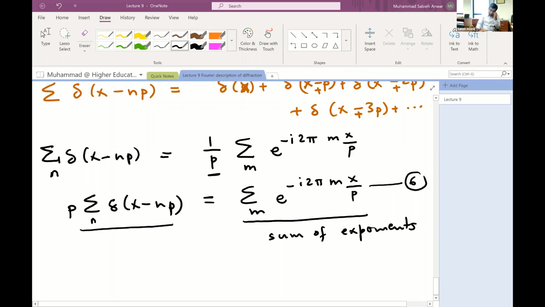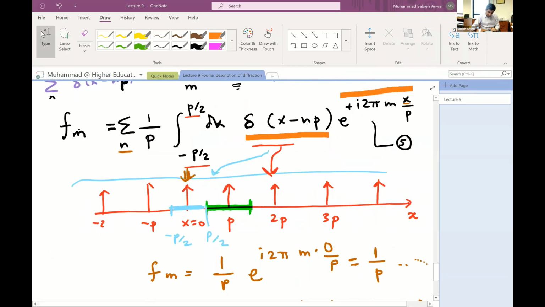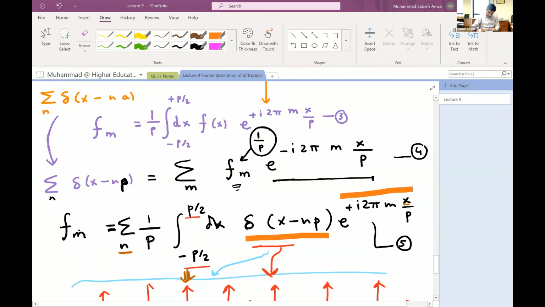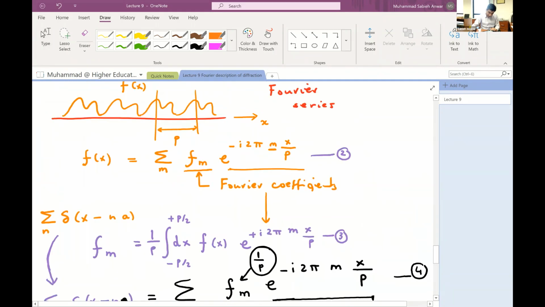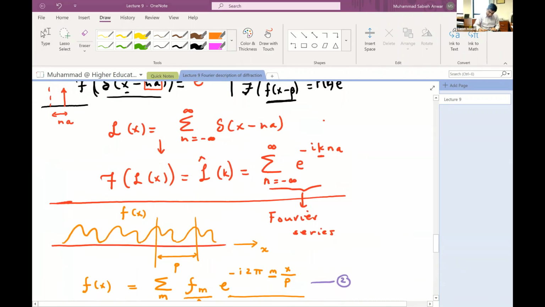And also observe that in the exponent you have 1 over p, whereas in the Dirac delta functions you have p. Now if I look at equation number 6 and I compare it with the Fourier transform of the Dirac delta pulses that we've already found, where do we have that? We have that over in equation number 1. So let's call this equation number A.